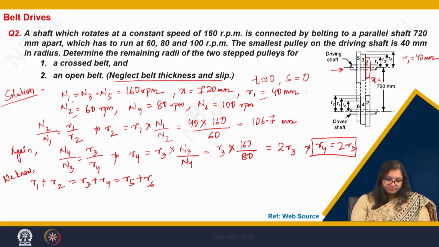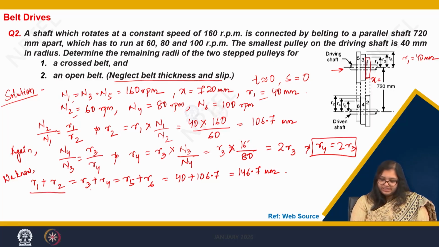So this can be given as R1, which is 40, plus 106.7, which is 146.7 mm. So with this expression, we can directly get this relation for R3 and R4.